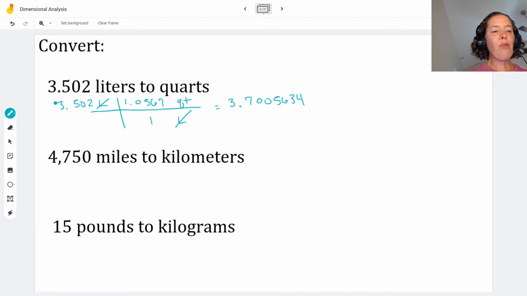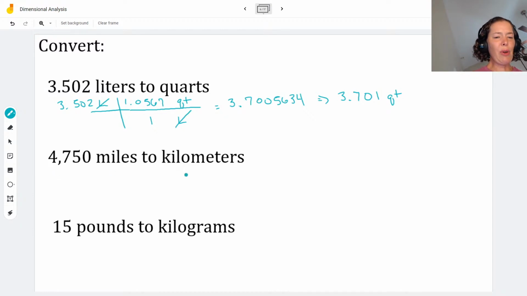I have 4 sig figs in my starting number, and I have 1, 2, 3, 4, 5 sig figs in my conversion factor. That's good. That means the number I started with, my number of liters, is going to limit my sig figs, and specifically, it's going to limit me to 4 sig figs. So I need 3.701 1 quarts as my final answer.